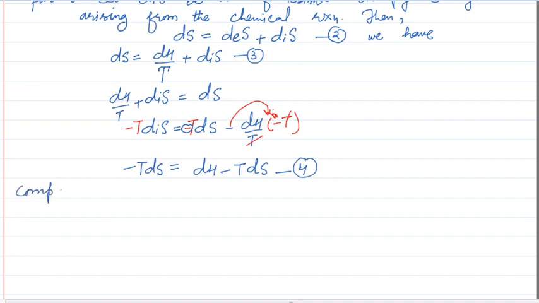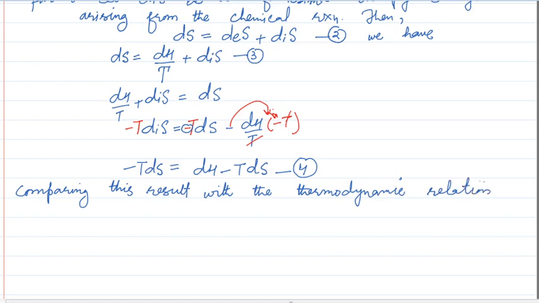Now comparing this equation 4 with the thermodynamic relation which we know, that small change in Gibbs free energy for a closed system is related by this term, dG equal to dH minus T dS.